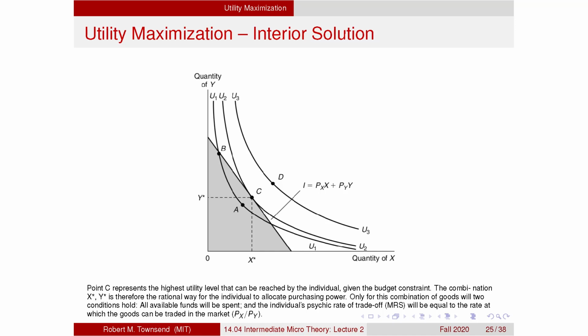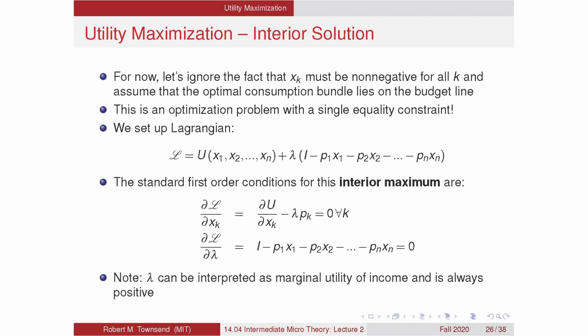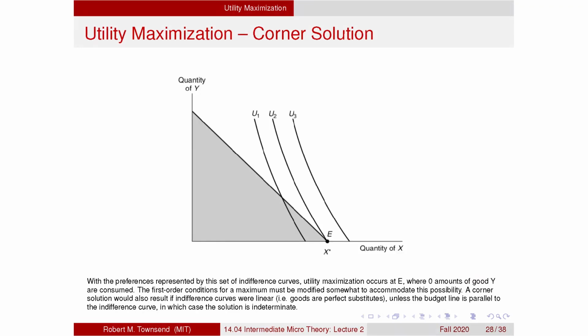Although again, this is the classic smooth diagram that sometimes is the only diagram you see. I'm bending over backwards to show you different pictures like this one, where the maximum is not interior. You do want to keep an eye out about whether they would be happy with this quantity of Y, or whether they would actually like to go negative and just cannot do it because of the consumption set.